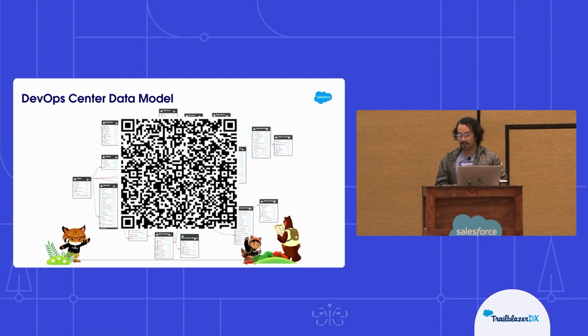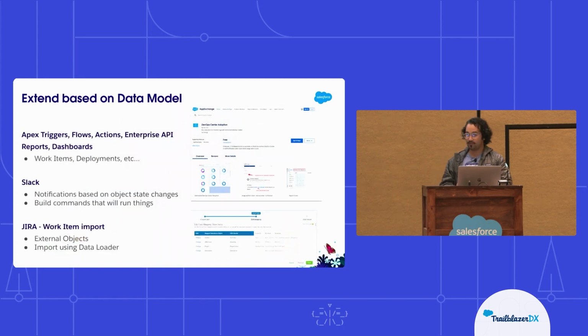Some great ways to extend this data model that we've seen customers do, even before we published the documentation, were some really cool custom reports and dashboards that measured the developer adoption rates of using DevOps Center, as well as the work item throughput and the life cycle of a work item moving through the pipeline.